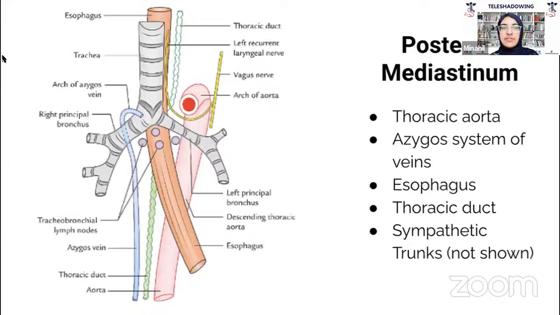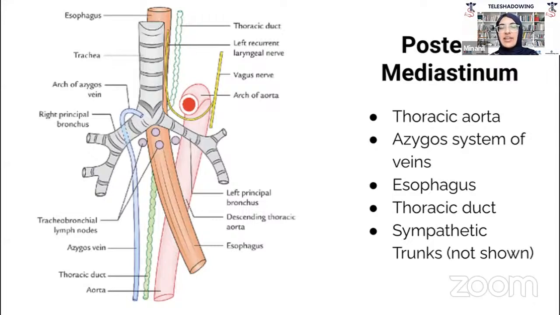And in front of it is the heart, right? So this area includes the descending aorta, the esophagus, the azygous venous system, the thoracic duct, and the vagus nerve. Also alongside the sympathetic chain, the splanchnics, and a lot of autonomic stuff happening here, but I won't go into detail there.